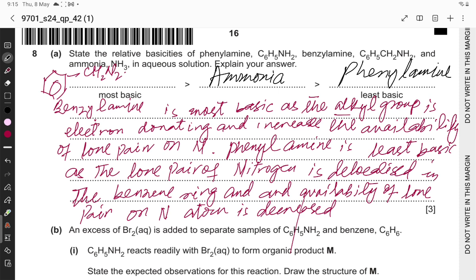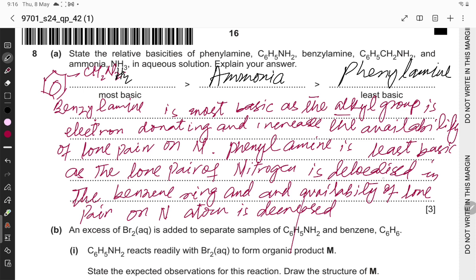Benzylamine is most basic as the alkyl group is attached to the benzene ring, so the alkyl group is electron donating and increases the availability of the lone pair on the nitrogen atom.